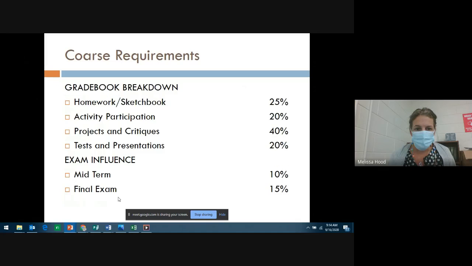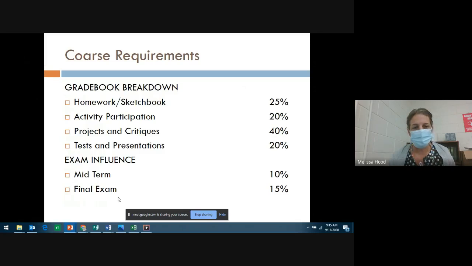So this is basically the grading breakdown, but things have changed a little bit because of the situation with being at home. I have lumped together the tests and projects, so that is one grade. And then the activity and participation grade is just their daily activeness in this class.